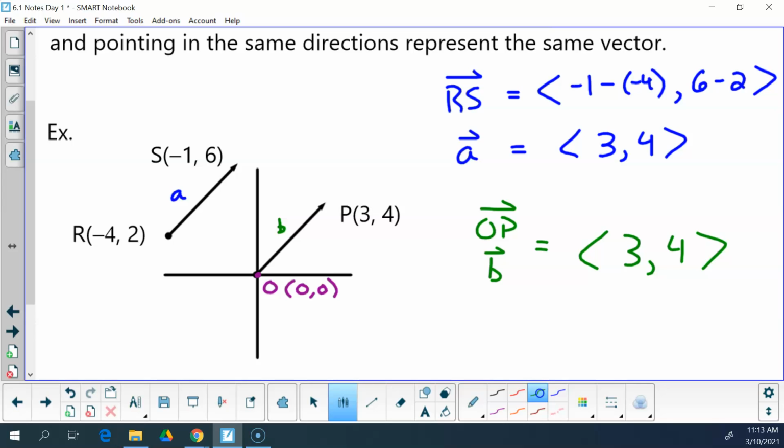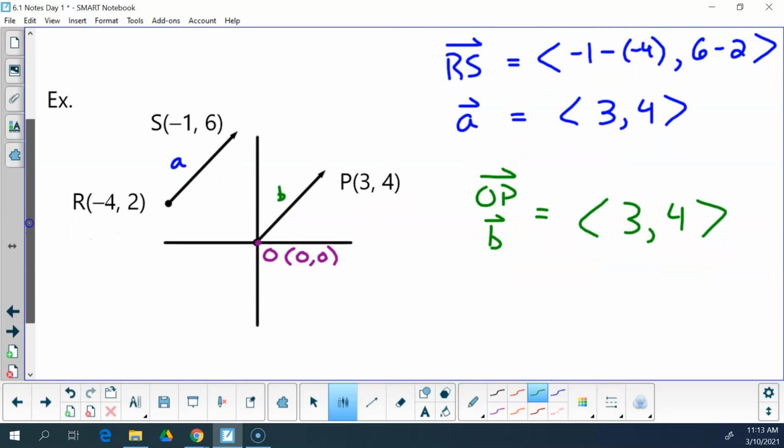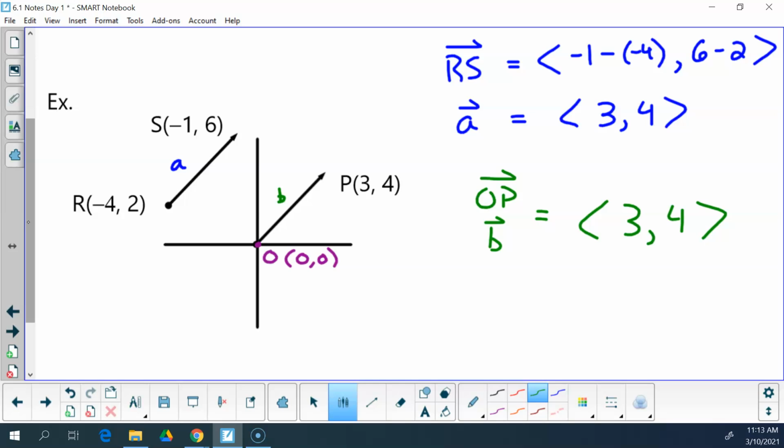So these two vectors are said to be equivalent vectors because their component forms are the same.